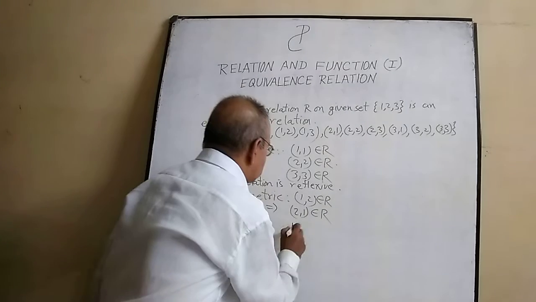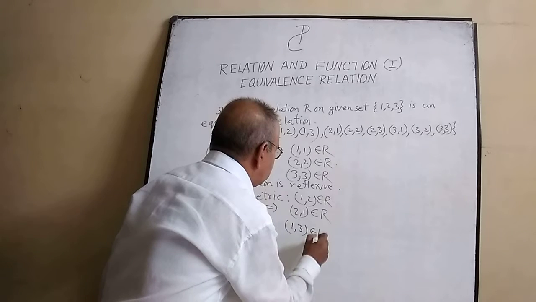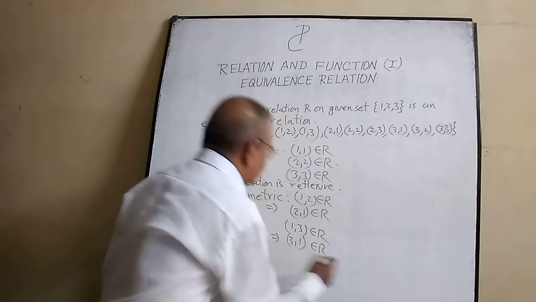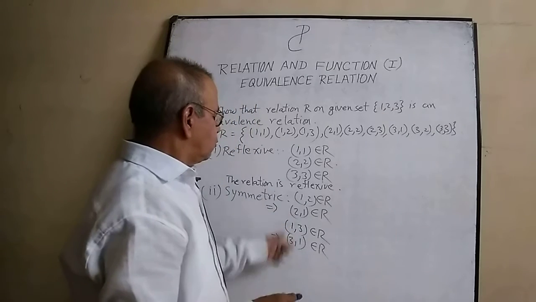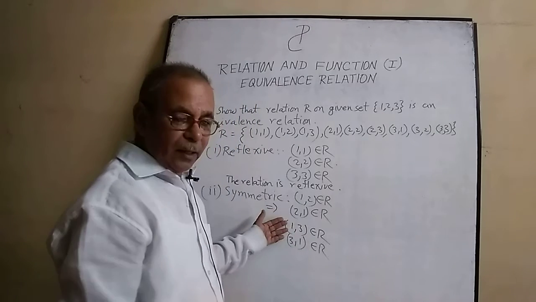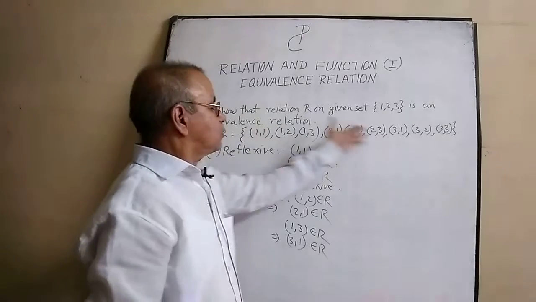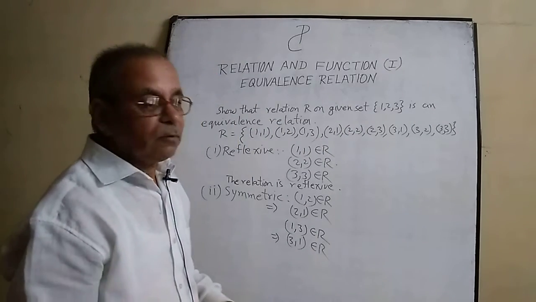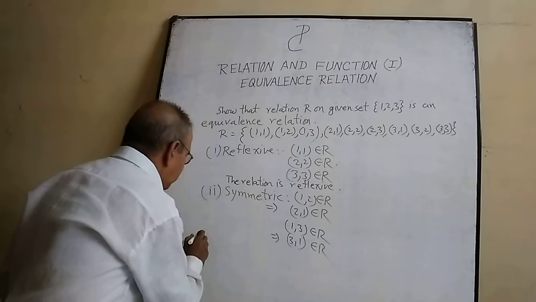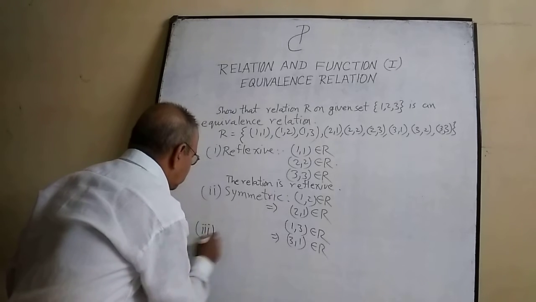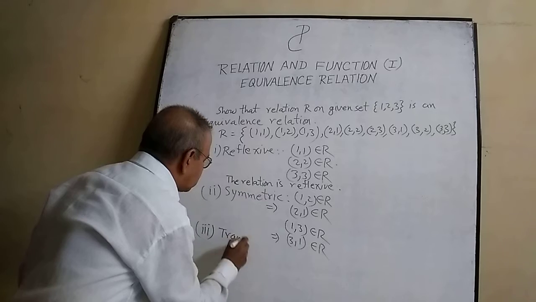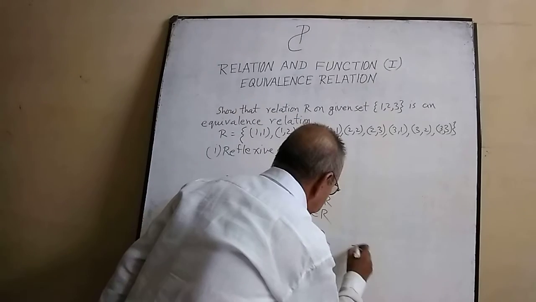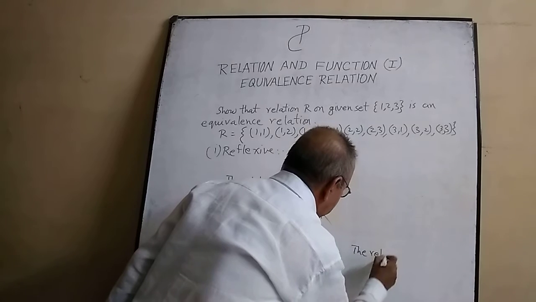Similarly, (1,3) belongs to R implies that (3,1) also belongs to R. These pairs, (1,2), (2,1), (1,3), and (3,1), are also subsets of this R. So the relation is symmetric.